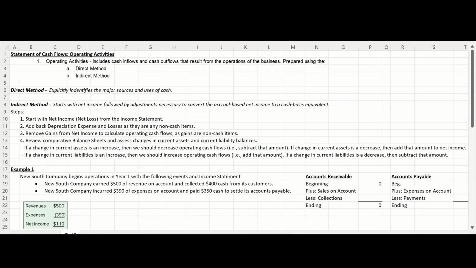Then we'll need to go to the income statement and find and remove any gains on sales or gains on disposals, because again, these are non-cash items and they will need to be removed from the net income amount to arrive at the operating cash flows.